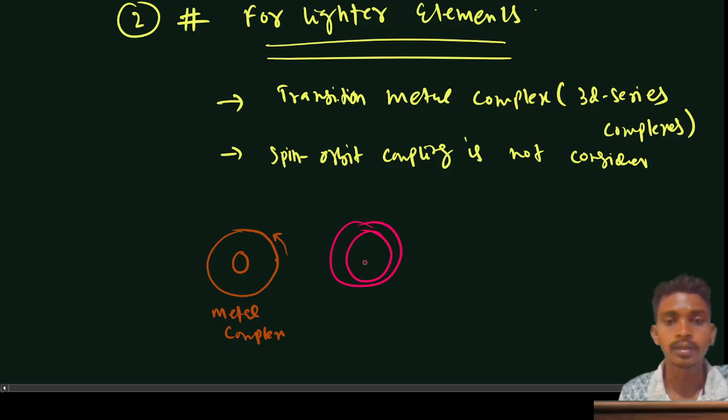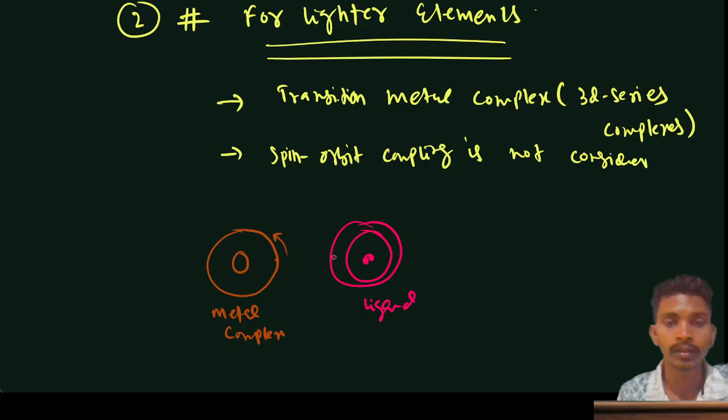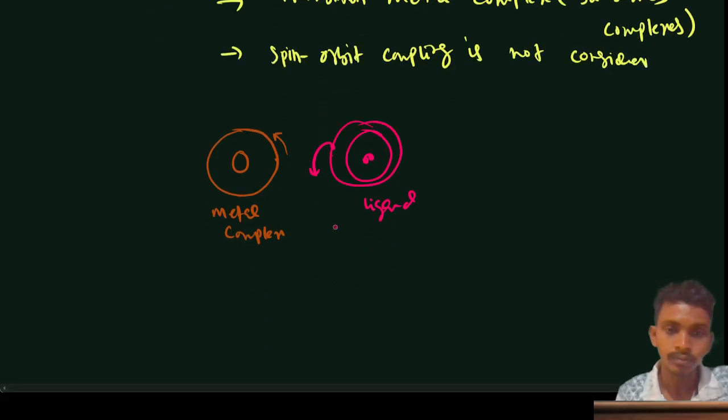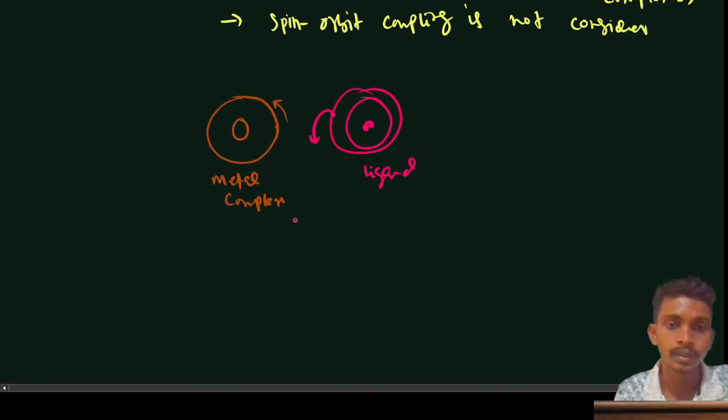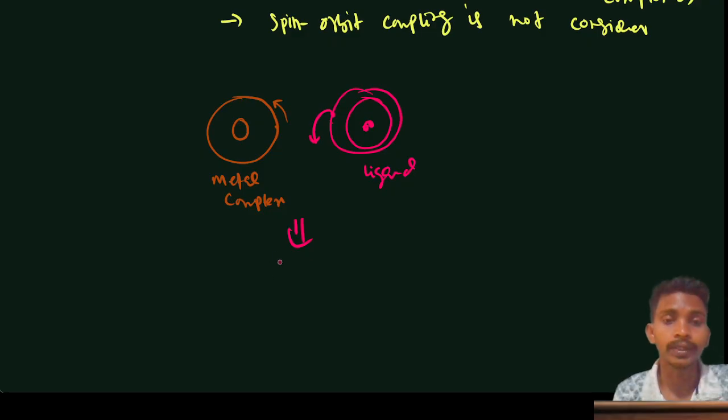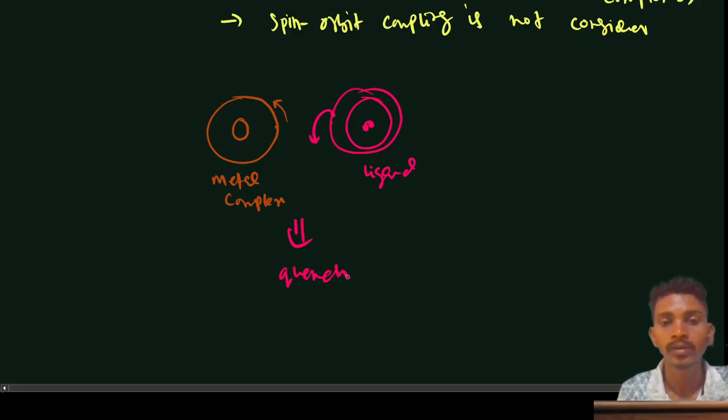Sorry, this is for the ligand. So here this is also rotating. Whenever they come together, this metal, ligand and metal orbit, quenching happens.